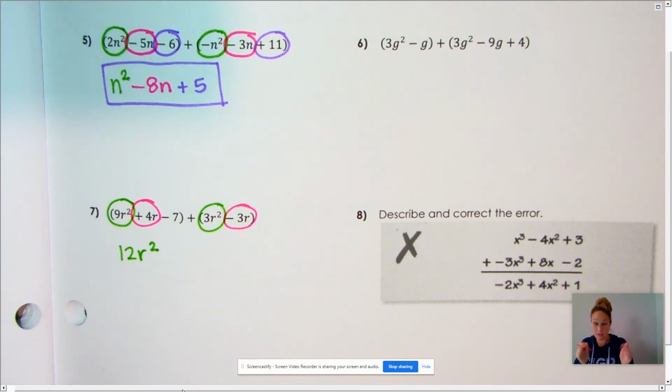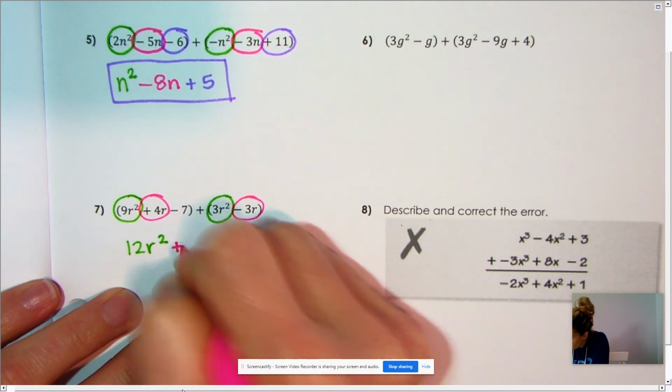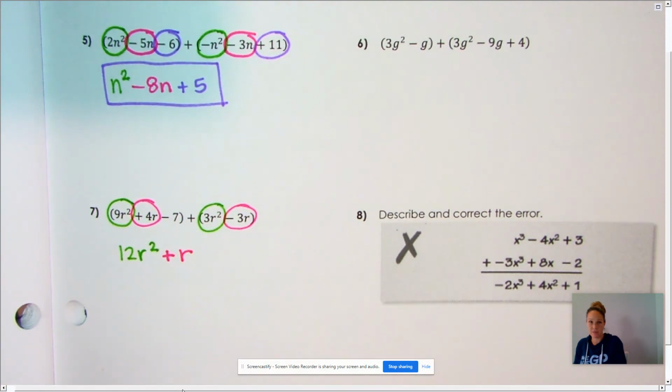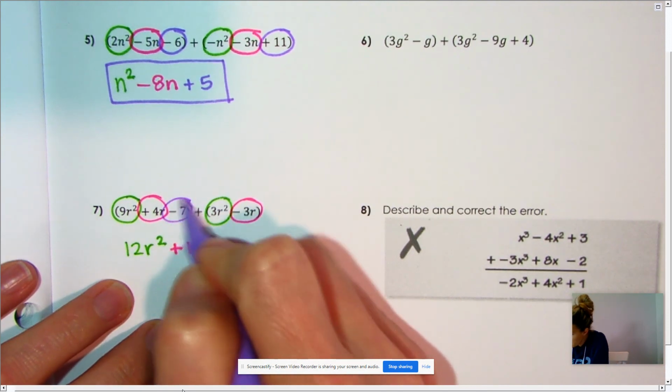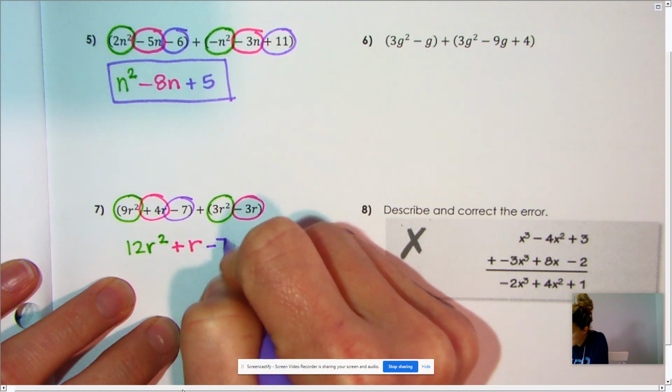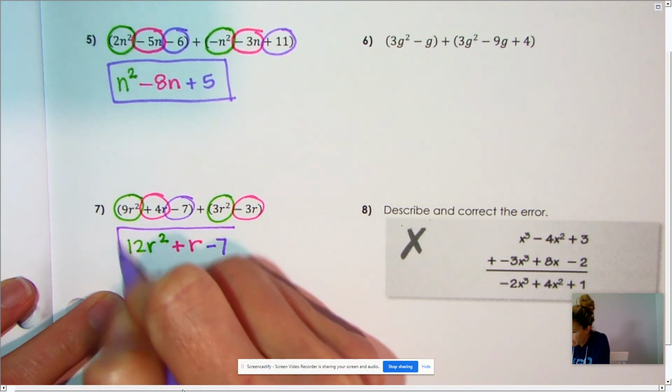Pluses and minuses cancel, right? They're inverse operations on each other. And so we still have 1 positive left over. So I've got 1 positive r left over. So we write the r there. We do not need the 1. Okay. And then I look and I say, well, what is left that I haven't used yet? Just that -7. So I'm going to put a -7 there at the end.